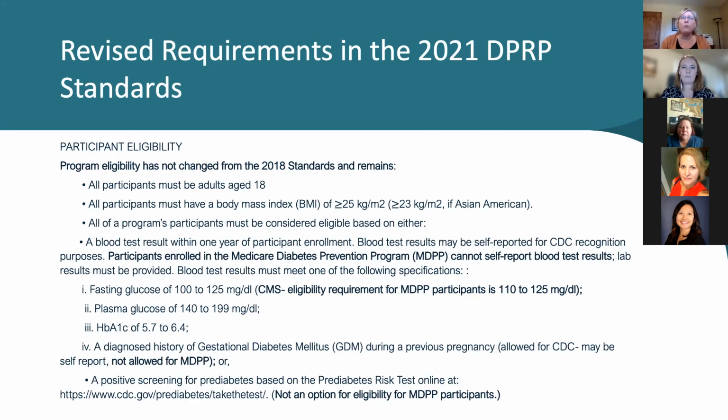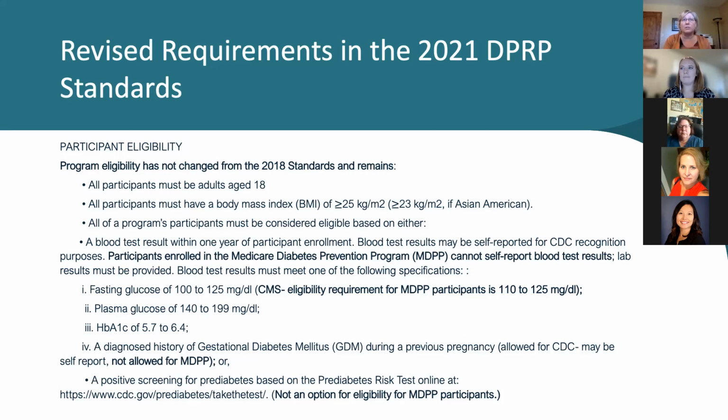Just to point out, though, for those of you who are Medicare suppliers, Medicare has some slightly different criteria. You're probably already familiar with that. Participants enrolled in the MDPP cannot self-report their blood tests, so you have to have a copy of that. There is also a slightly different requirement on the fasting glucose. Rather than 100 to 125, CMS requires 110 to 125 as their eligibility standard. For a history of gestational diabetes, the CDC does allow a self-report, but Medicare does not allow for it.